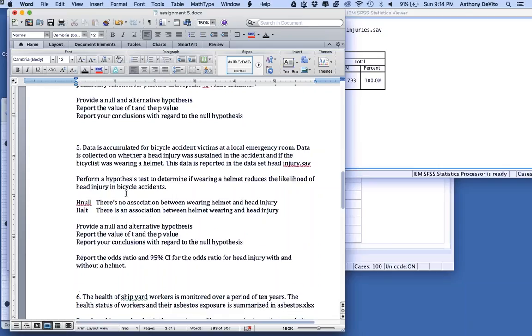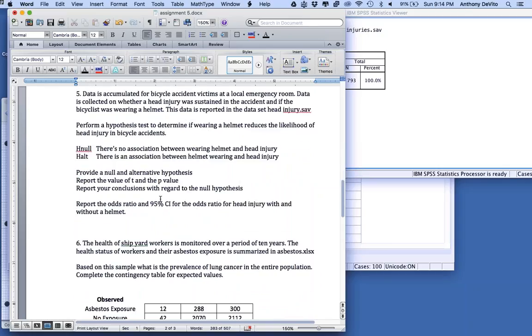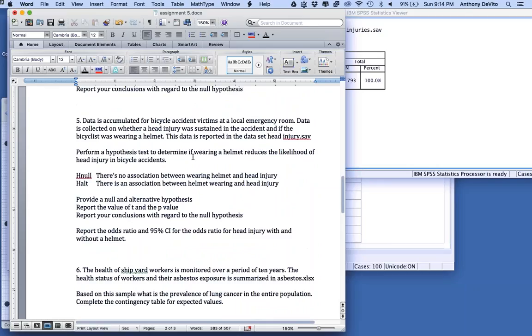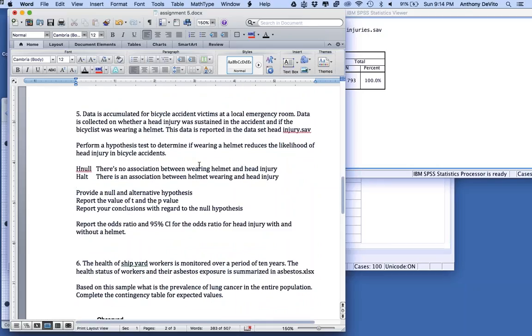I start out with the null hypothesis, which is always that it's equal or there's no association, and so on and so forth. And I want to prove that I can reject that with less than 5% in this case, because I said alpha equals 0.05, and I didn't mention the level of certainty that we want.